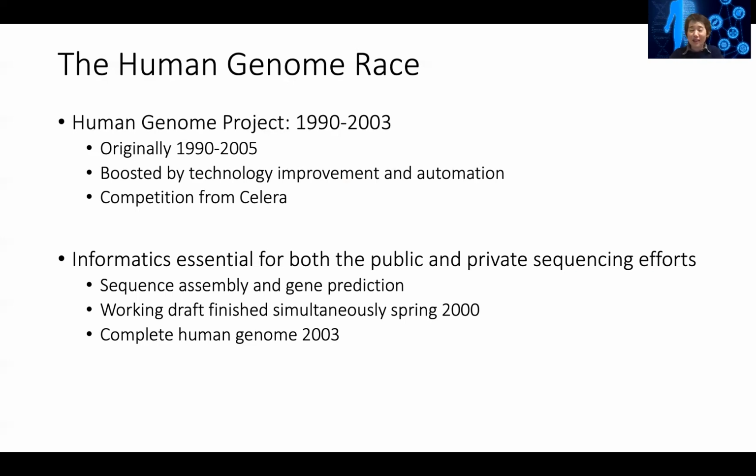A lot of this is based on an integration of experimental techniques, generating a lot of data, and computational approaches to analyze the data. So I hope that you can see the Human Genome Race, again, is a project where computational biology really played an essential role in the success.